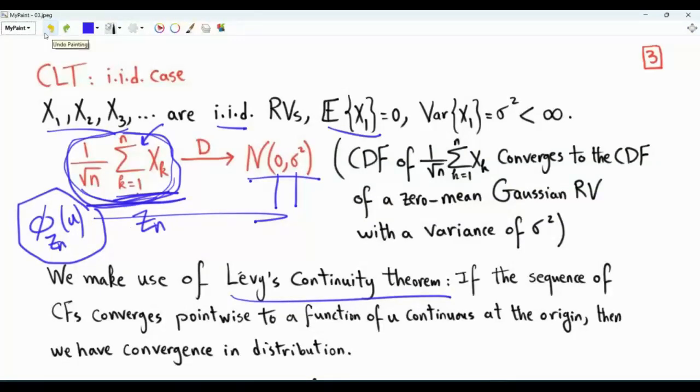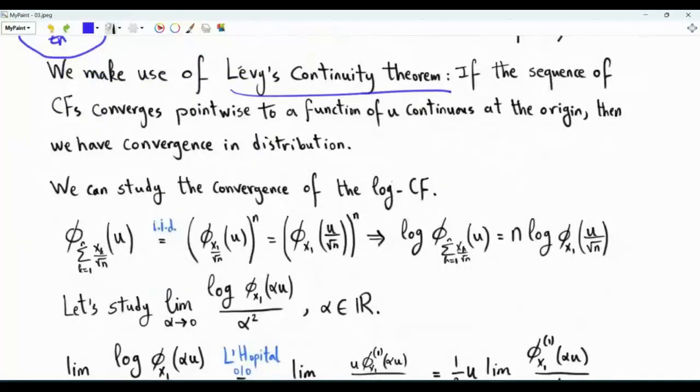If the sequence of characteristic functions converges pointwise at every u to a function of u, and this function of u is continuous at the origin at u equals 0, then indeed we have convergence in distribution, which means that the CDF will converge to the CDF of this Gaussian random variable. Based on this, we will study the convergence of the characteristic function, or alternatively, we can study the convergence of the logarithm of the characteristic function, which is the same thing.